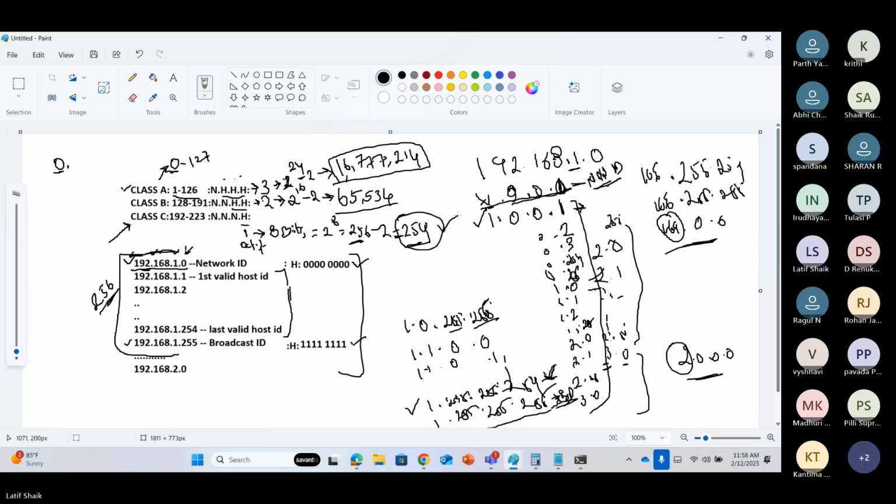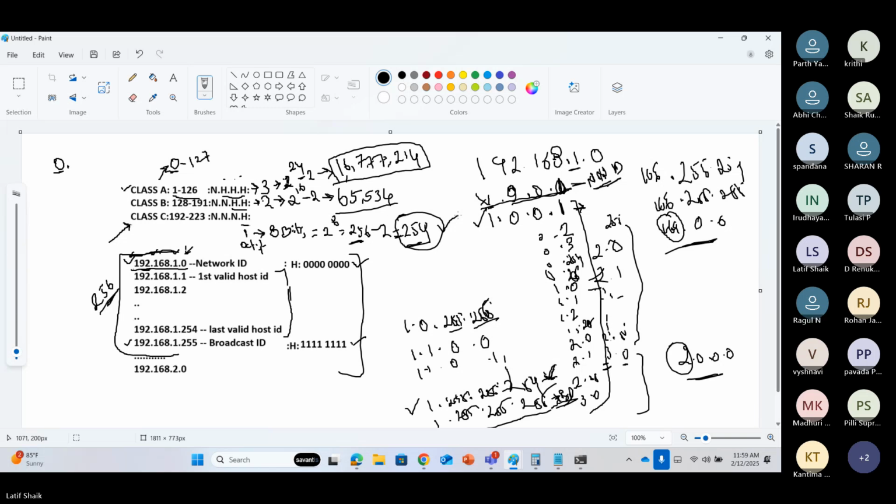For example, in my network already 50 devices are there, so I'm using class C. Now 50 more devices are added, so totally 100 devices. Which class is better for 100 devices?